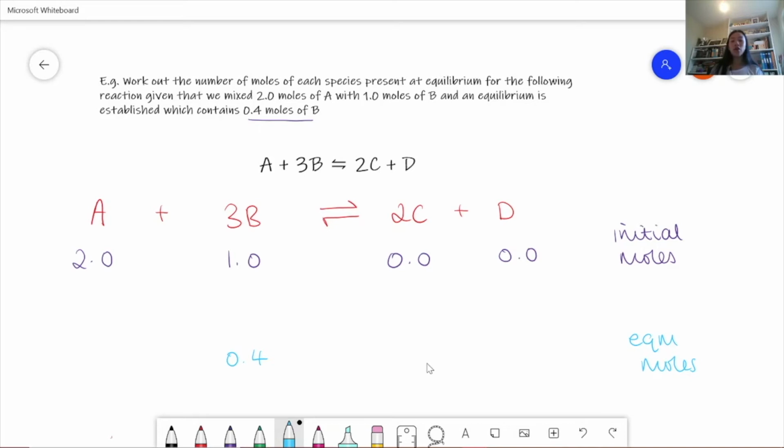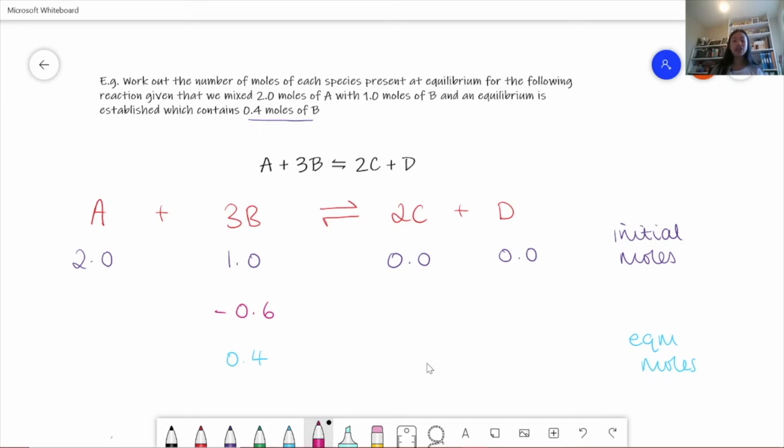And then we can work out how many moles have been lost of B during the process to get to equilibrium. So 1 minus 0.4 is 0.6. So we've lost 0.6 moles of B. So how do we find how many moles we've lost of A?